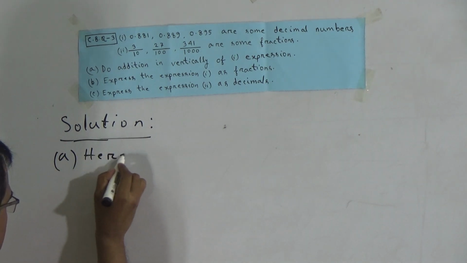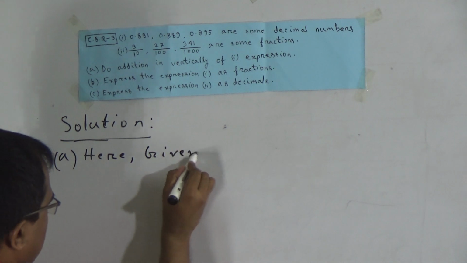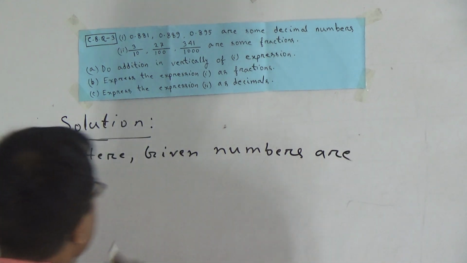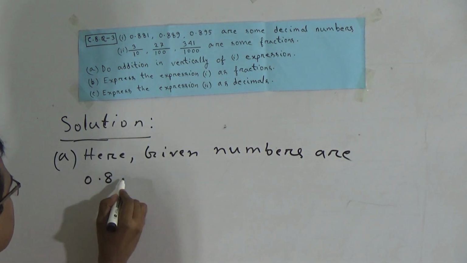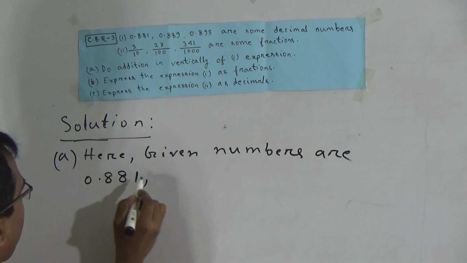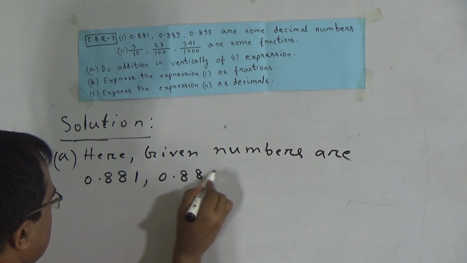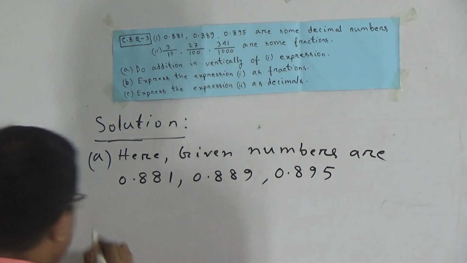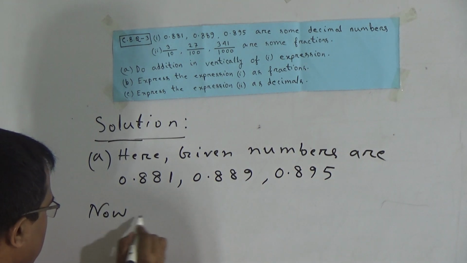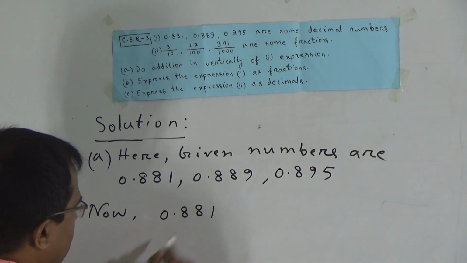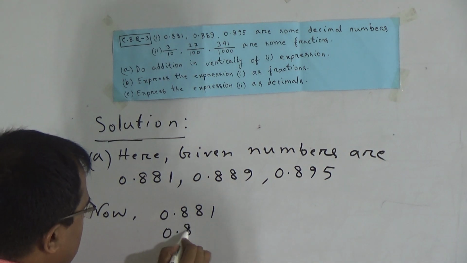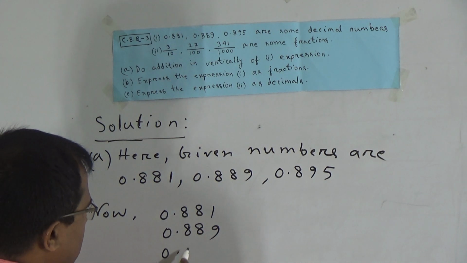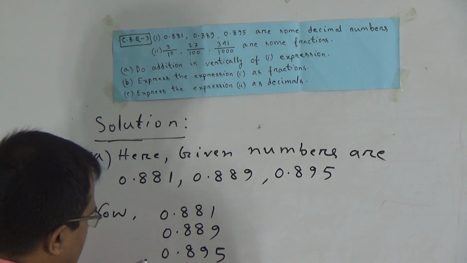Here the given numbers are 0.881, 0.889, 0.895. Now we have to add these three numbers.